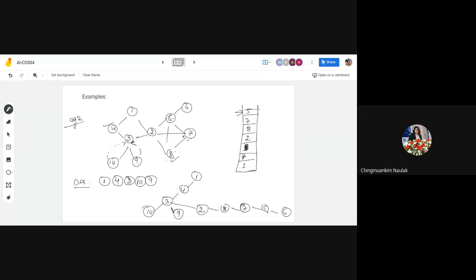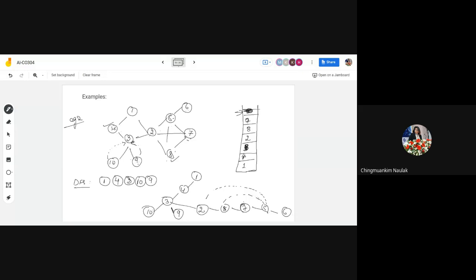But there is some connection of 5 with 8 as well. So do it with a dotted line like this. Okay, and 5 and 2 as well. So between 5 and 2, draw a dotted line like this. After that, you'll pop this out. Okay, you'll delete this from there and go for 7.